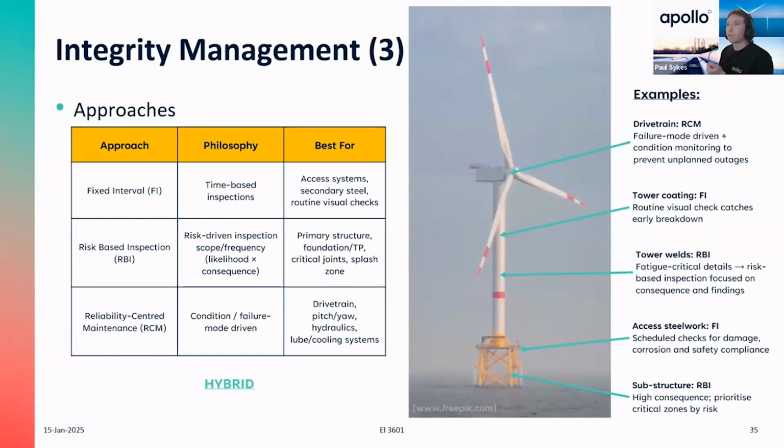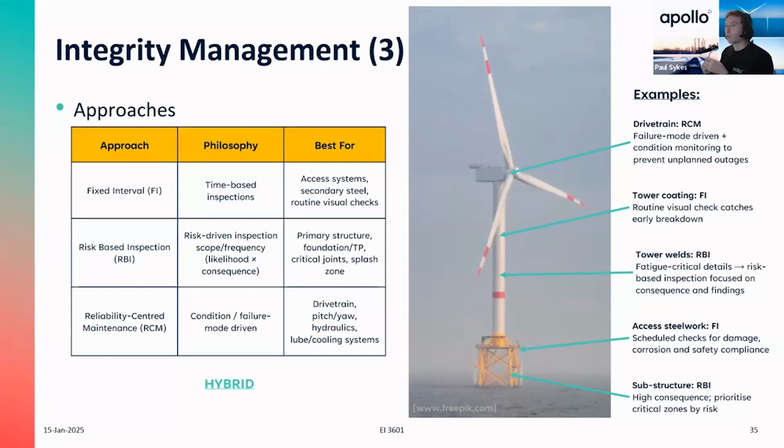Here are 3 different approaches that are commonly used in offshore wind and how they tend to be applied in practice. Fixed interval approaches are time-based, generally suited to the more predictable items and routine checks. Risk-based inspection takes a different approach, where the inspection scope and frequency are driven by likelihood and consequence, and then updated as you learn more about the asset.